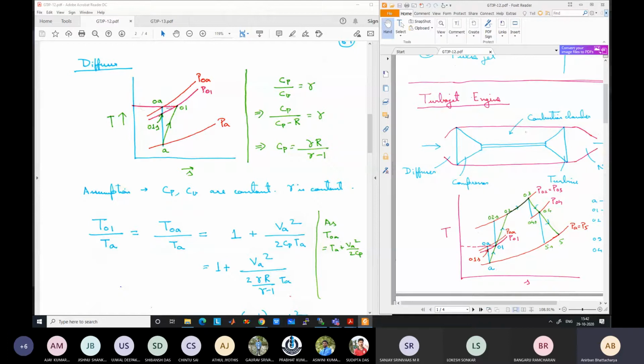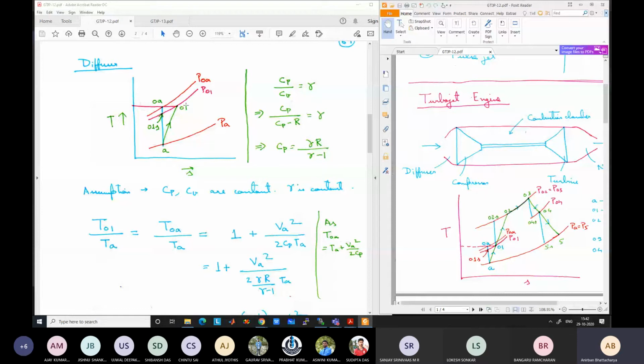So T01 is equal to T0A. How much frictional loss there is will govern how much deviation occurs. If the frictional losses are more, the line will deviate even more and reach a further away point, but along the same height T0A.